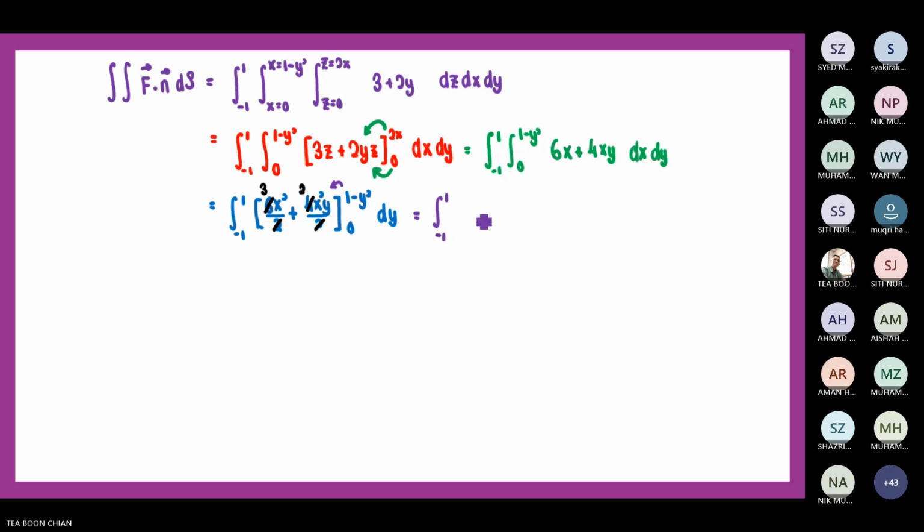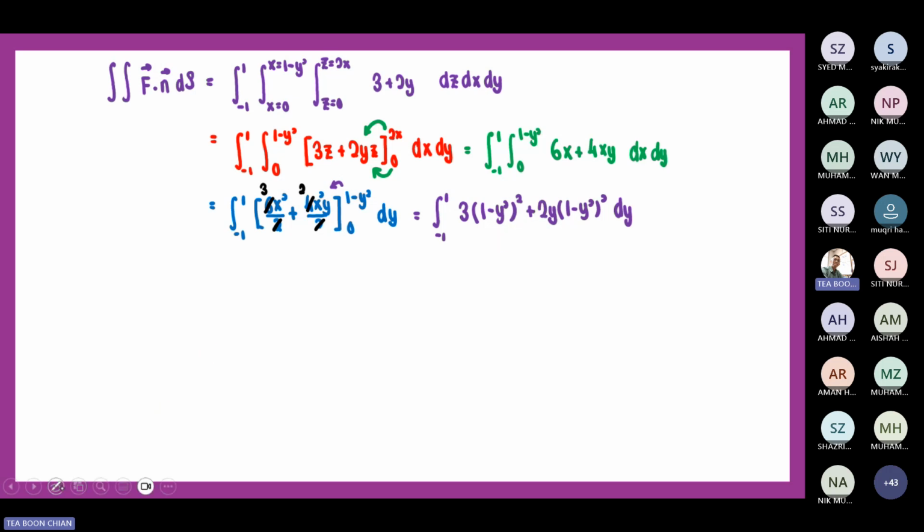So now 3 multiply 1 minus y squared plus x squared y. So let me put the y first, multiply 1 minus y squared. This is the part that you have to be careful. Oops, I forgot the 2y here. Okay, be careful, the power of 2 again.